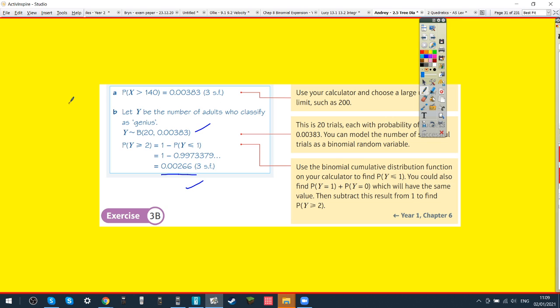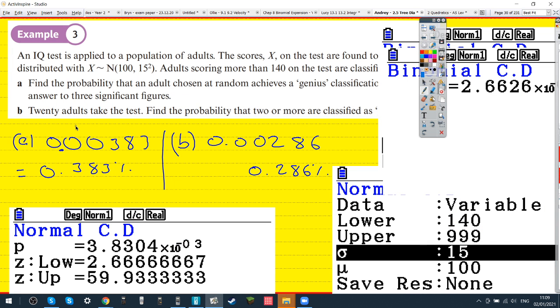Let's just recap. So x is normally distributed, so it's normal distribution. It's always going to be cumulative for normal distribution. The adult gets 140 or more. So first number is the mean.